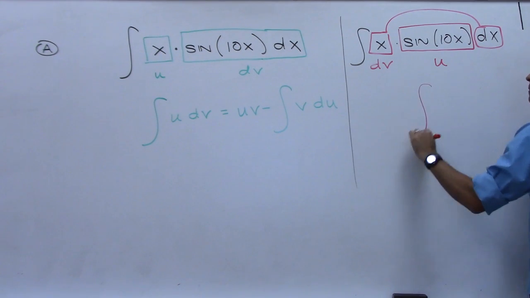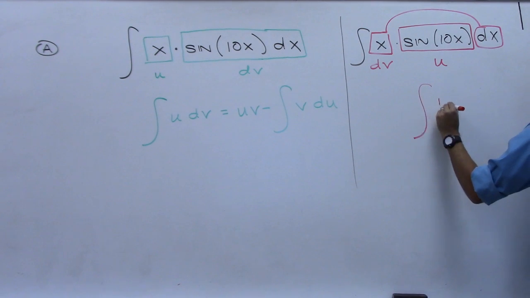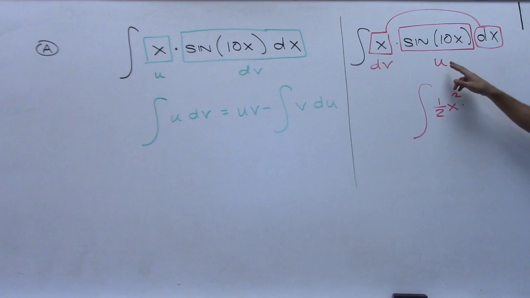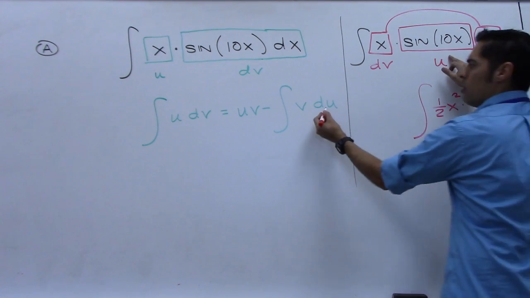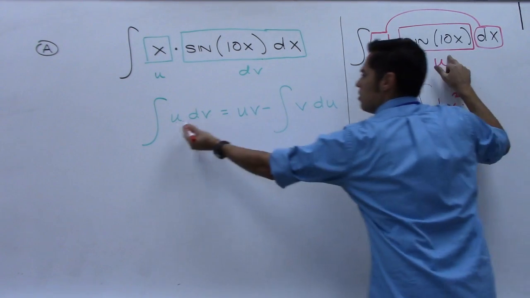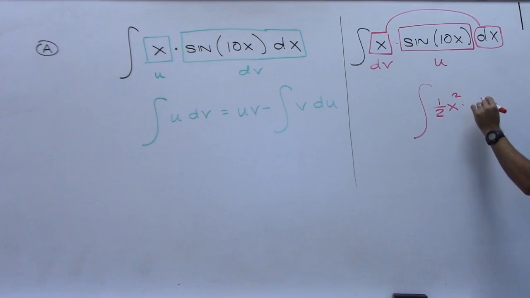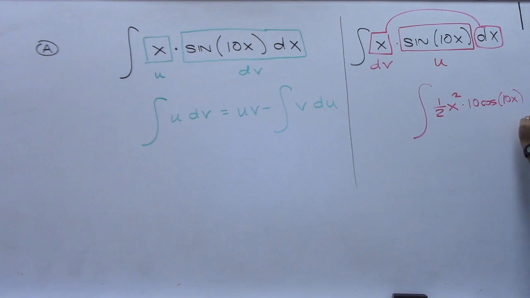This new integral would have the antiderivative of this in here, 1/2 x squared. And then times what? U would become what over here? This u is going to become du. So the derivative of that, do we know the derivative of that? Yes, it's 10 cosine 10x, right? And then I'd have dx out here.